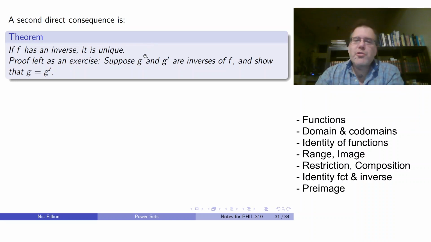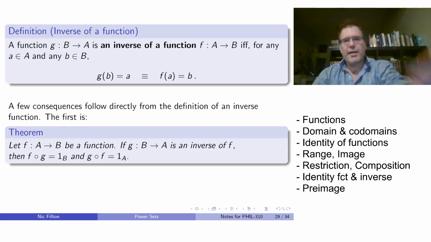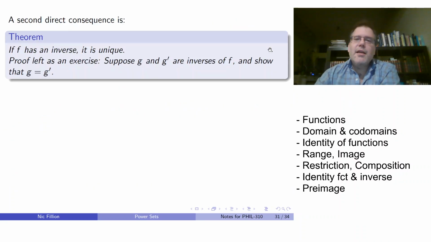So you suppose that both g and g prime are functions that are inverses of f. What does that mean? We apply the definition that we have here for what it means to be an inverse of the function f. And on the assumption that both g and g prime are inverses of f, you're going to show that they have to be identical.